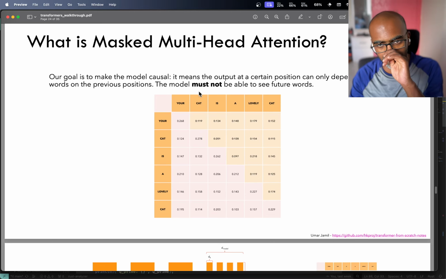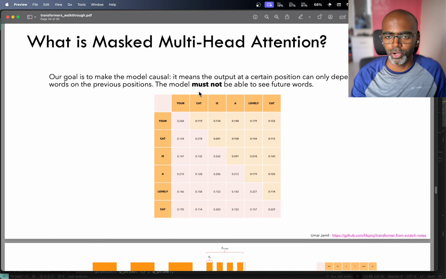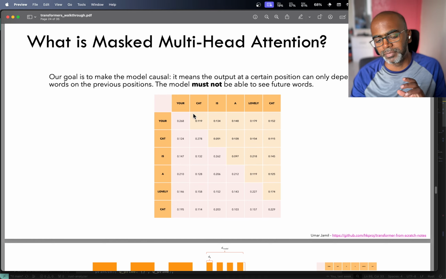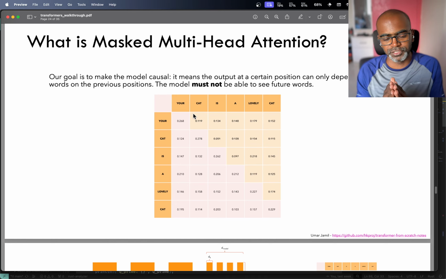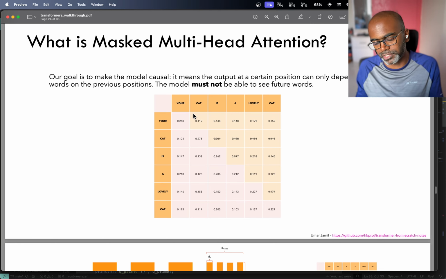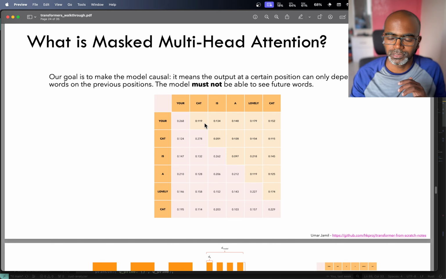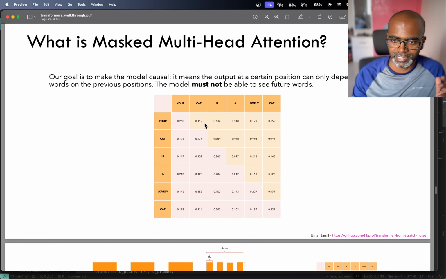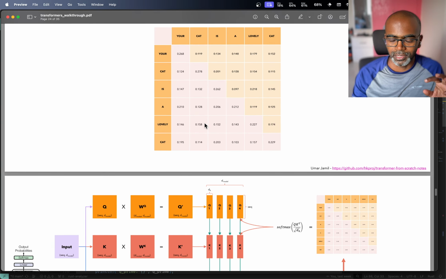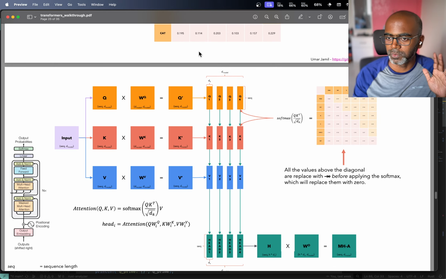Masked multi-head attention: you may not want some words to interact with the words that come after them. You don't want the words in the past to interfere with the words in the future, meaning future words. You can go ahead and mask them out. The way you mask them out is you set them to minus infinity, and when you apply the softmax, this becomes zero. That's what we're focusing on.